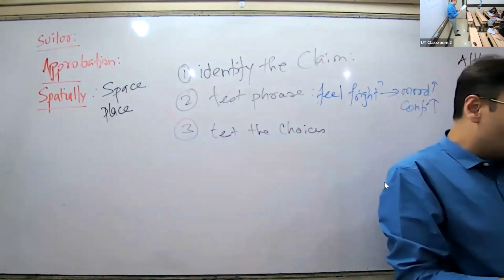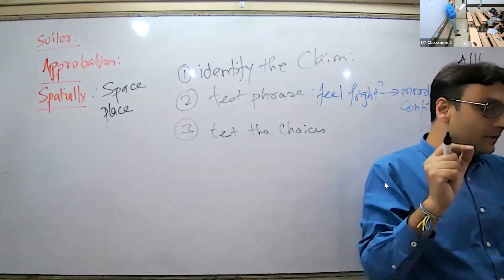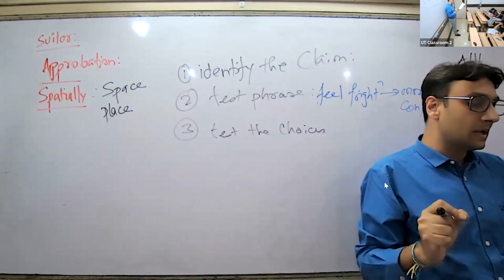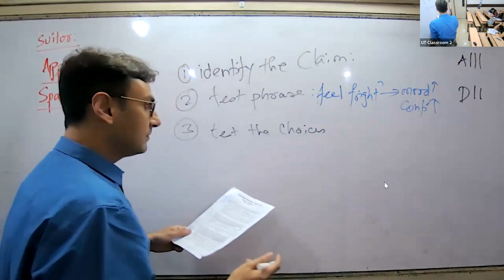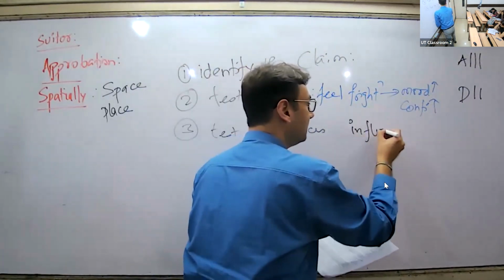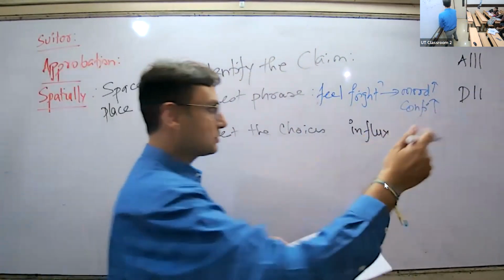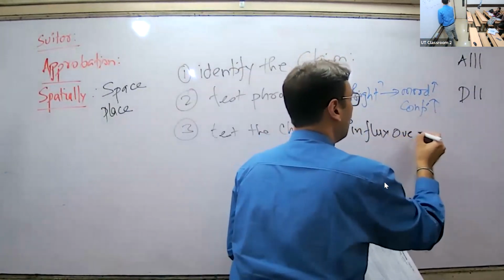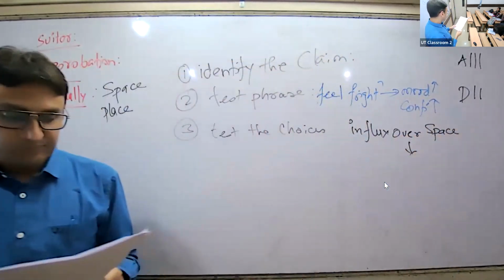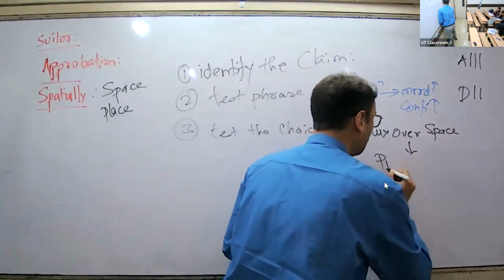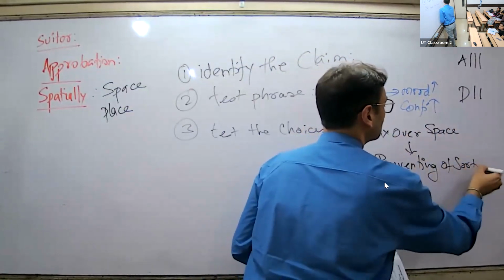So it says the sediment influx in these streams may have been sufficiently spatially diffused to prevent the typical sorting effect being observed. So ये जो influx हो रहा है, my test phrase is influx over some space, influx happening over some space is leading to preventing of sorting of sediments.